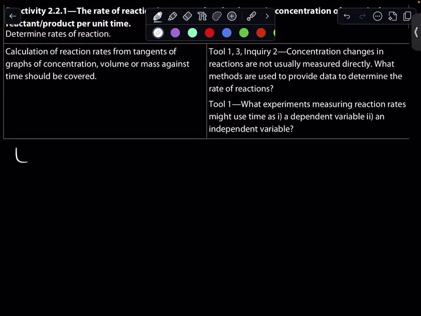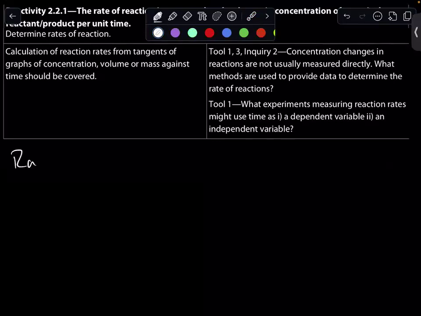A rate, specifically, is the idea of change over time. In graphs, we generally think of that as the slope of a graph, because that would generally show us the change over time of our dependent variable over our independent variable, time usually being our independent variable.